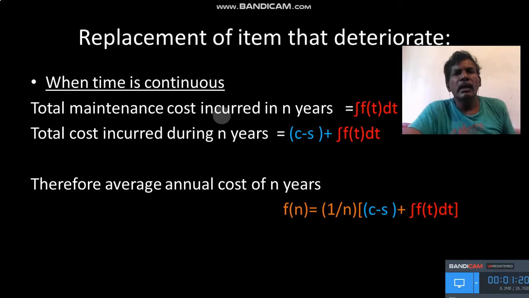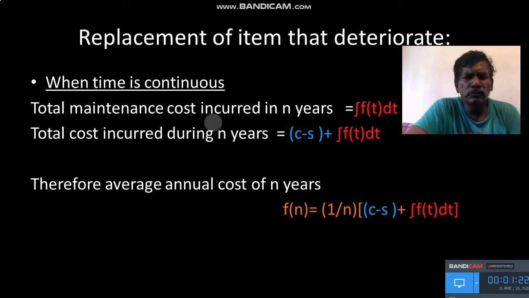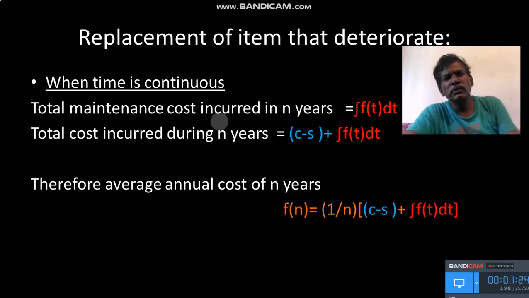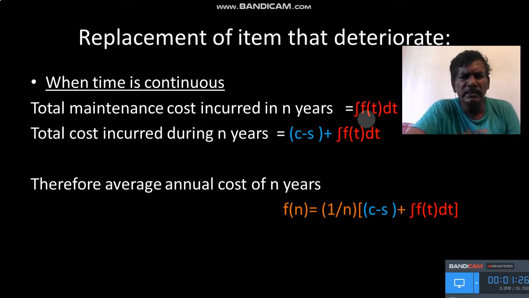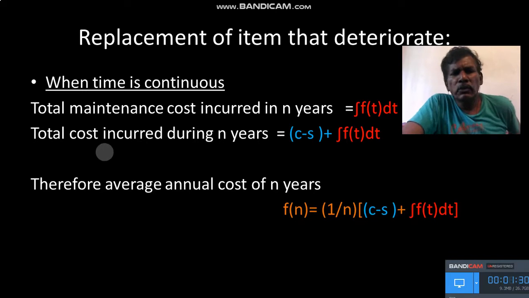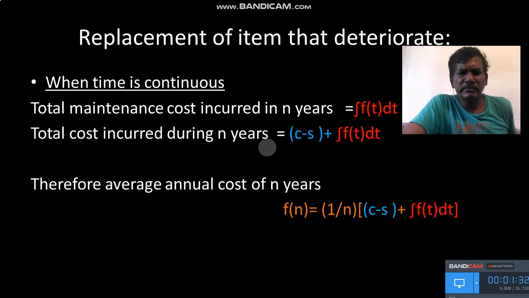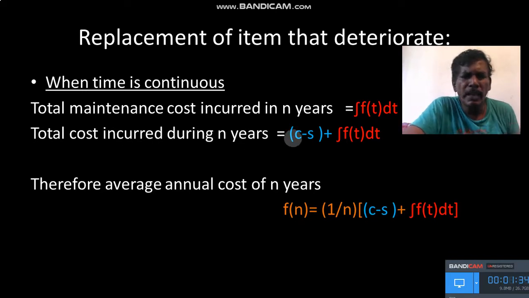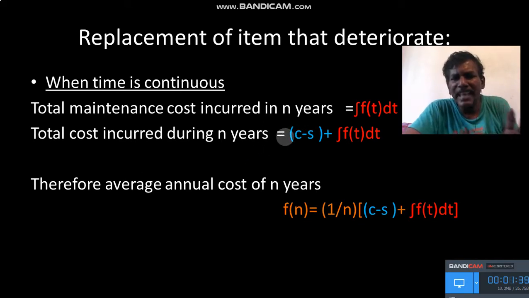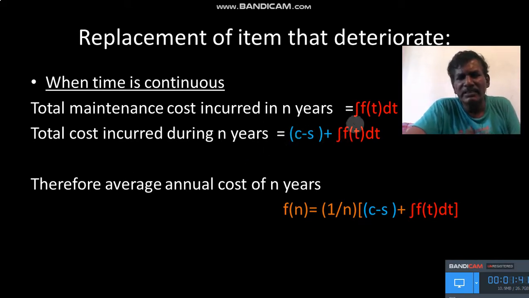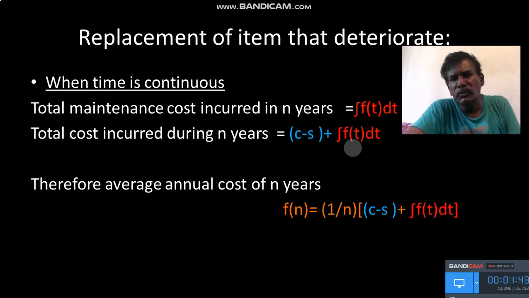Now, what is the total cost involved during the n years? We have to add c minus s plus the integration of f of t dt. You may ask what is c?